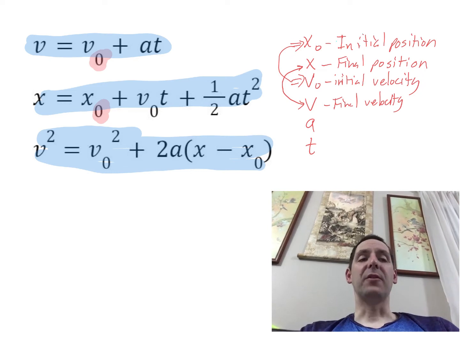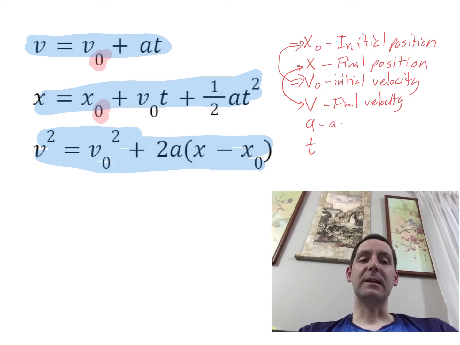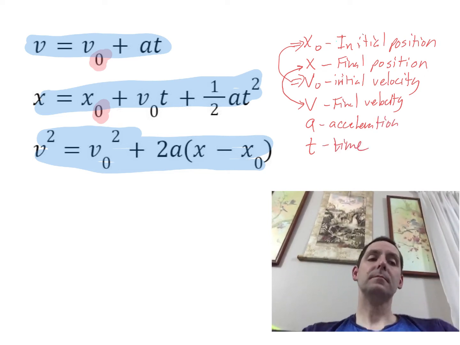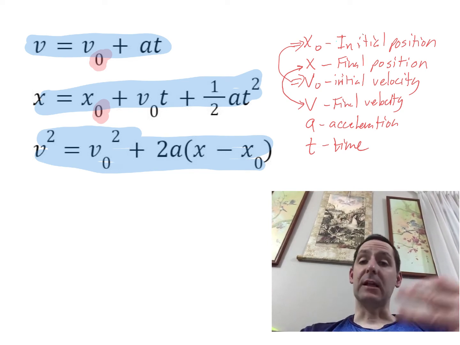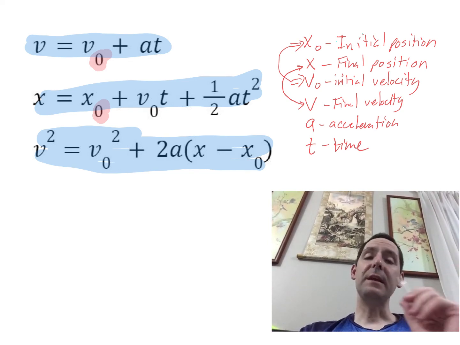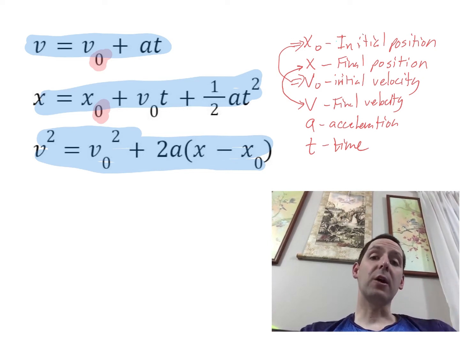Now, the last two you can probably guess: acceleration and time. Now, acceleration, you'll notice that there's not an initial and a final. These kinematics equations only work if there is a constant or average acceleration, if that acceleration is not changing.